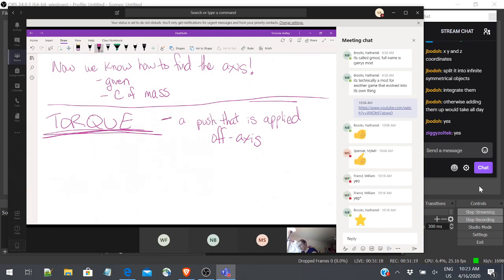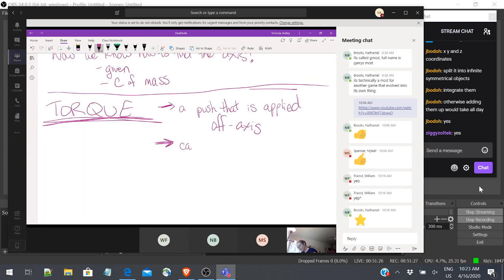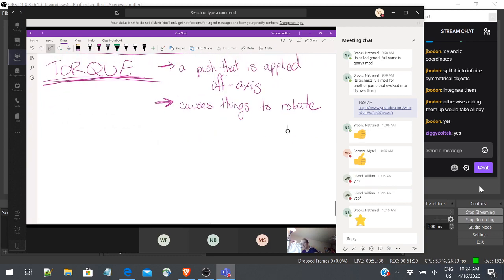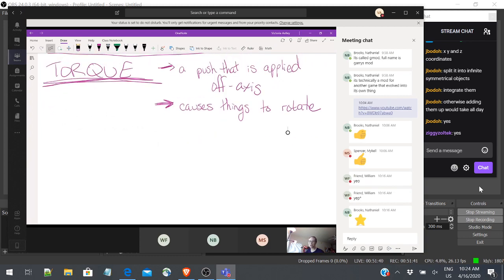There is also a secondary definition, which is that it causes things to rotate. So we make this connection between torque and force.